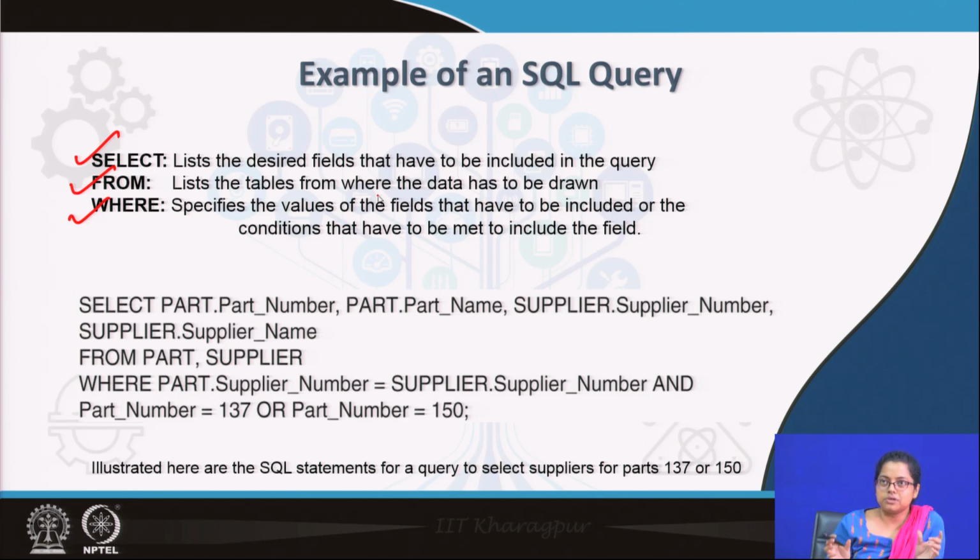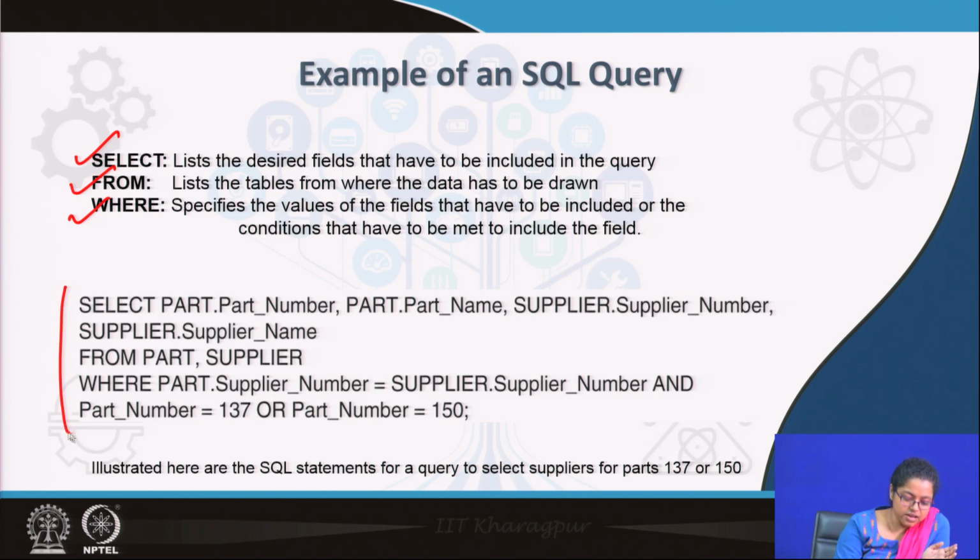So, if there are two tables involved, say supplier and part, the from clause will talk about those two tables. And the third is the where clause. The where clause is very important because it specifies the values of the fields or the conditions that have to be met to include the field. Let us see with an example.